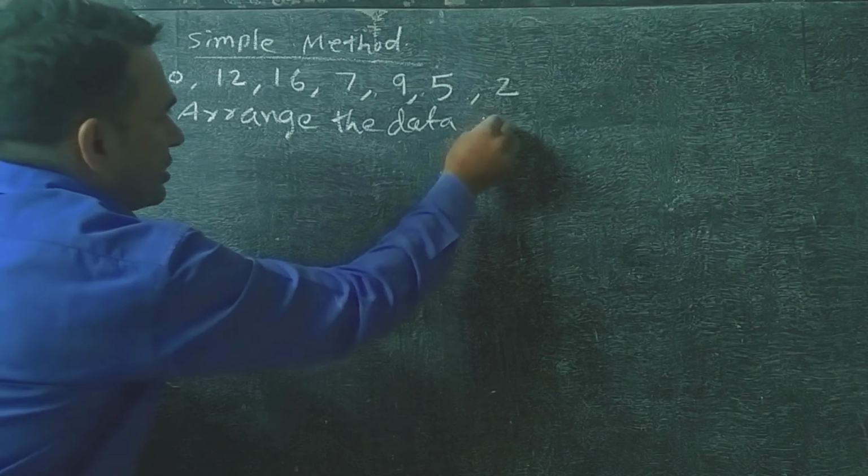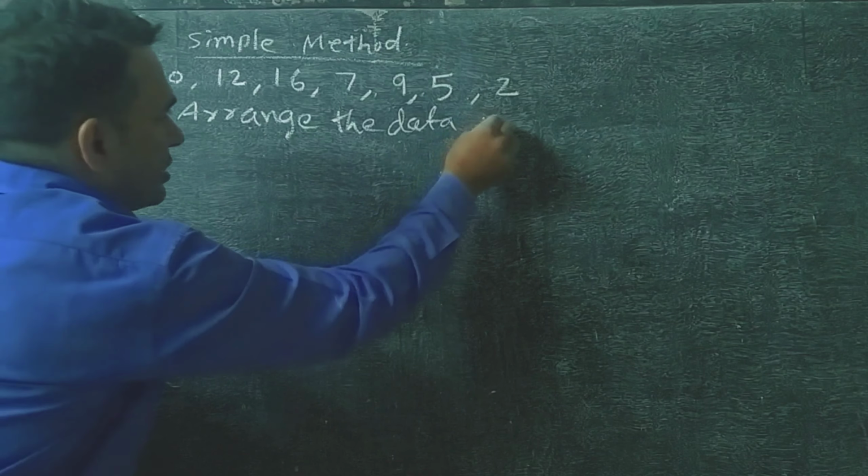First we write the smallest number. Which one is the smallest number? 2. After 2, 5. After 5, which one is greater? 7. After 7, 9. Then 10. After 10, 12. And the last one is 16.